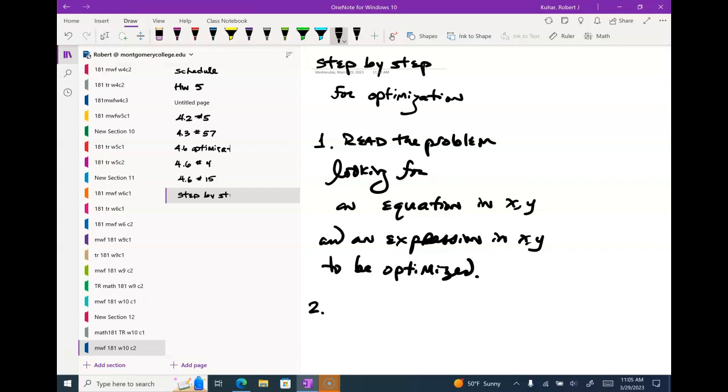Step two, solve the equation for y and substitute it into your expression to create a function of x.